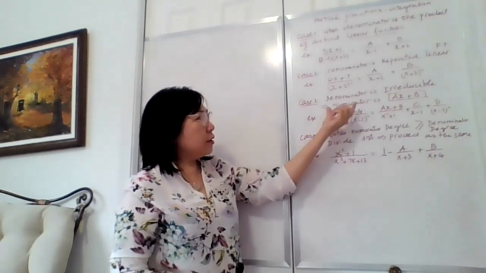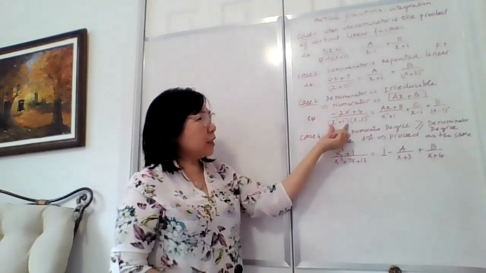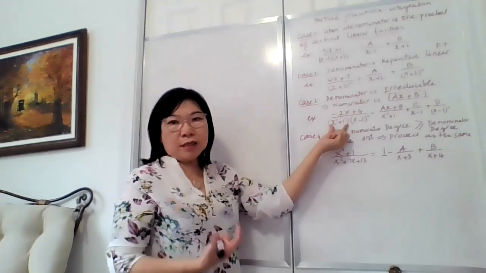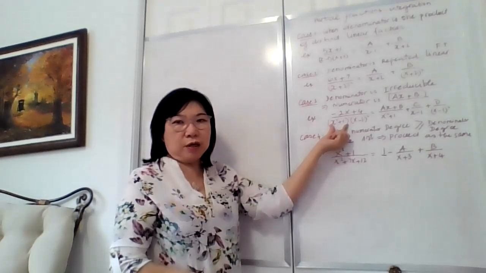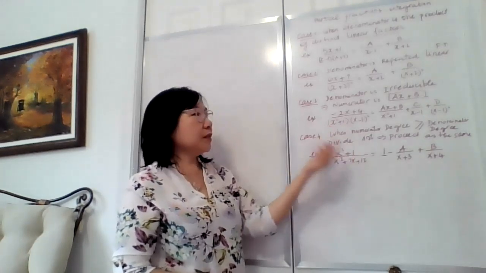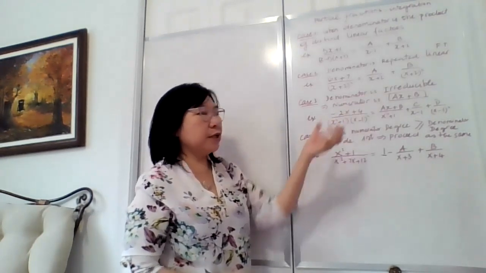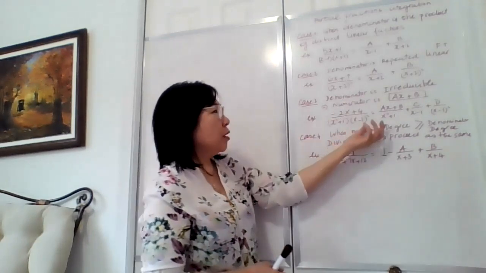So if you look at the denominator here, you have x squared plus 1 in the bracket. This x squared plus 1, you cannot factor it into another expression. That's why it cannot be factored, it is irreducible. You cannot reduce it further, okay?